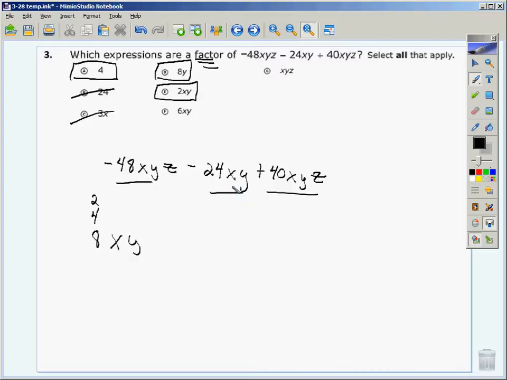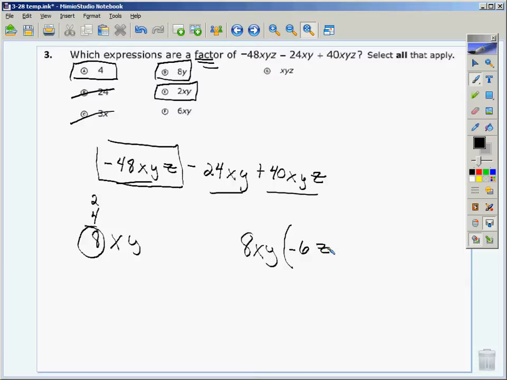Okay. Let's go ahead and factor this out. What's the largest number I could take out? And the largest variables I can take out is xy. What would I have to multiply this 8xy by to get back to this first term? Negative 6 what?